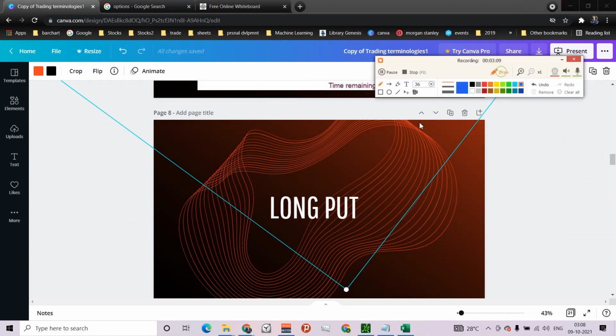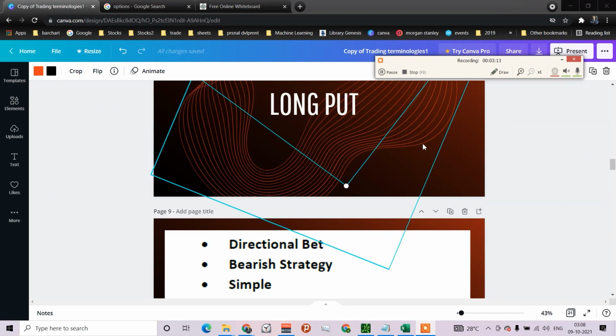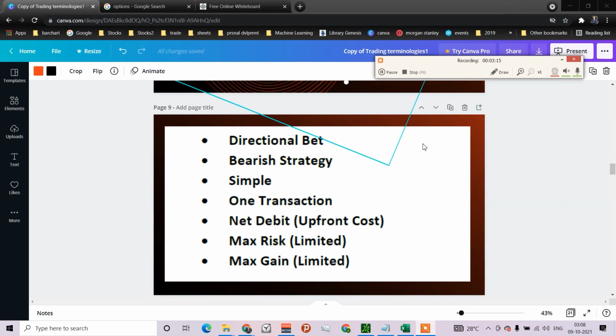Moving on to long put, it is just the same as long call, but the opposite. What we discussed in long call is that when the stock price goes above the strike price, you make a profit.